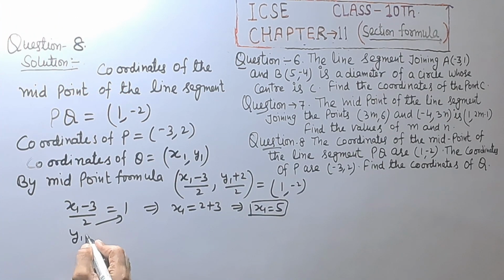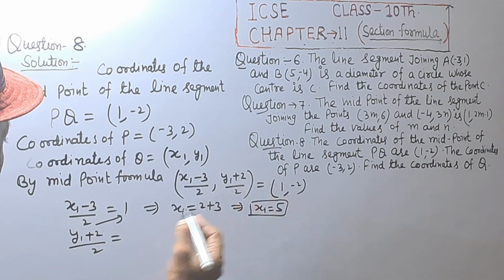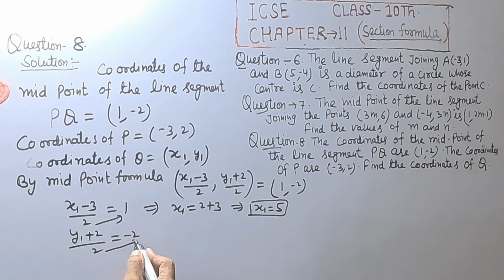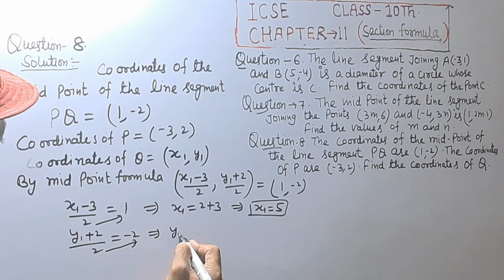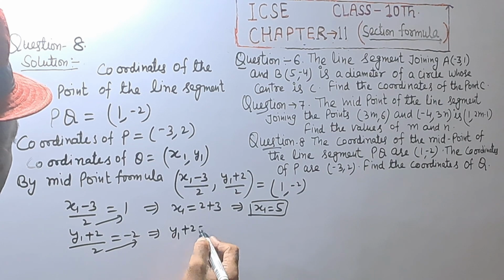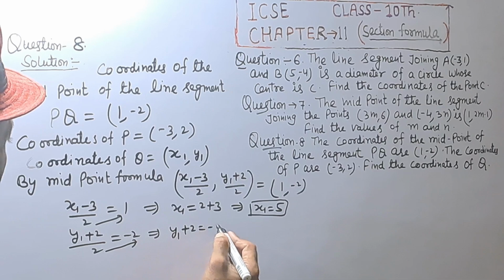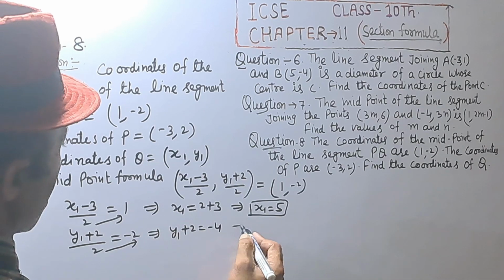And (y1 + 2)/2 is equal to, second point is -2, which implies y1 plus 2 is equal to 2 2s are 4, minus 4.